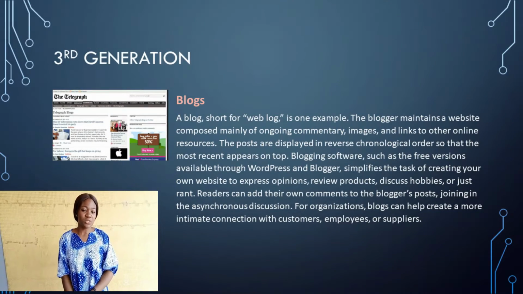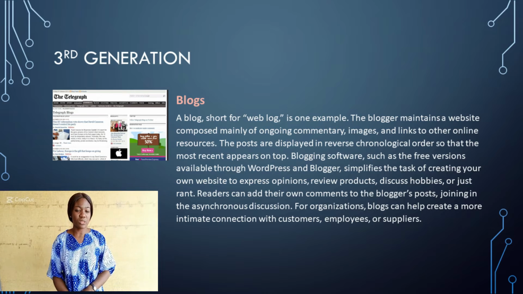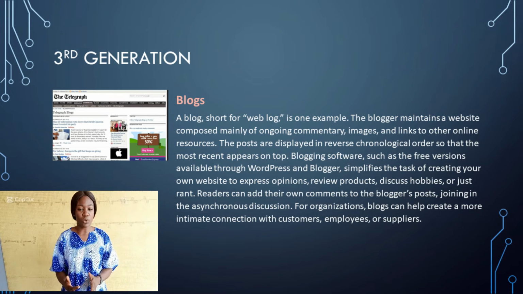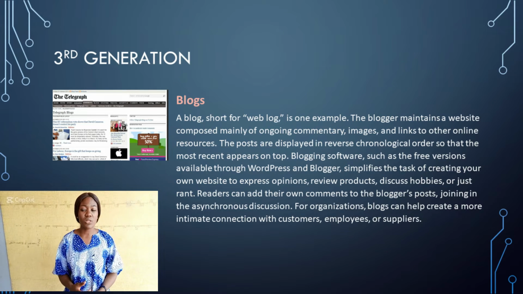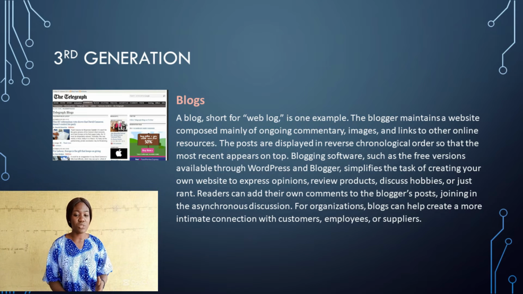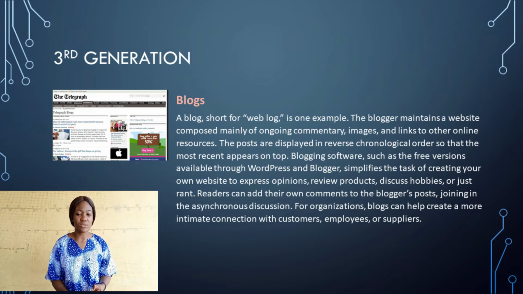The third generation is categorized by widespread participation and end user contribution. And some of the tools I'll be talking about that we use in this generation are blogs. A blog, which is a short form of weblog, is a website mostly composed of ongoing commentary, images, links to other online resources.